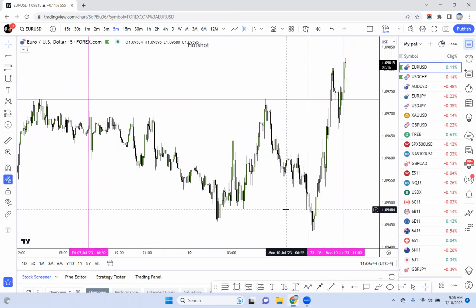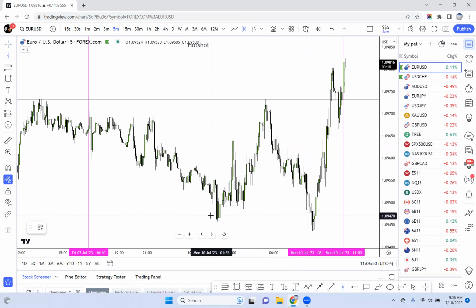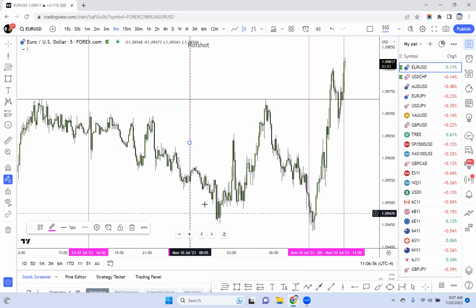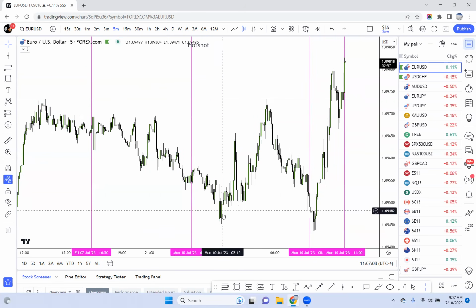If we look in the middle of the range of the current day's candle, we started from 00 right here. So right here, at the beginning of today, midnight, you can see that London session gave us that Judas swing to the downside, created the low of the wick of the day, right?